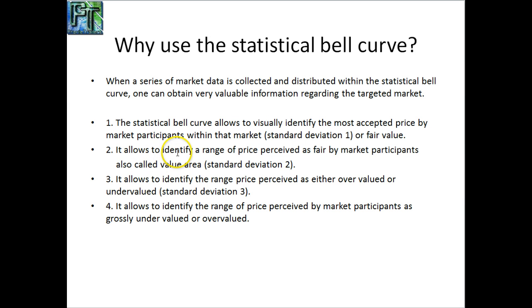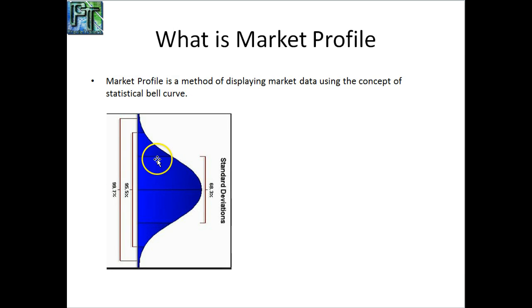Number 2. It allows us to identify a range of price perceived as fair by market participants, also called value area, standard deviation number 2. Meaning, this line bracketing this level to this level, that's where 68.3% of all the transactions are taking place.